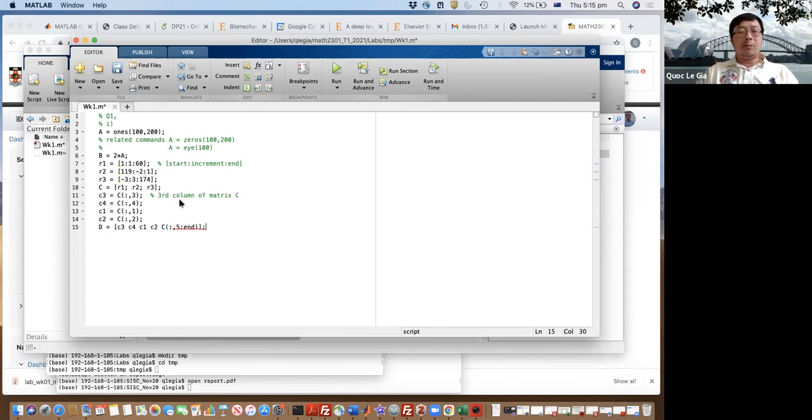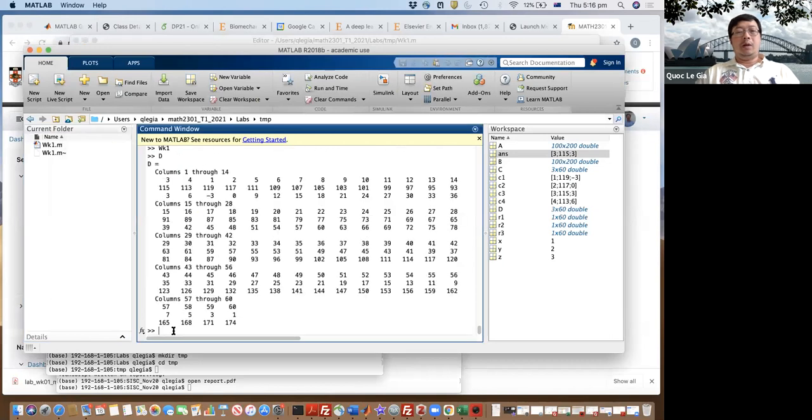So this means you take the submatrix of C, taking all the rows, with the columns running from column 5 to the last column. Then this gives you the matrix D, and you run it and you will see that the matrix D looks like this. So you just type in the commands.